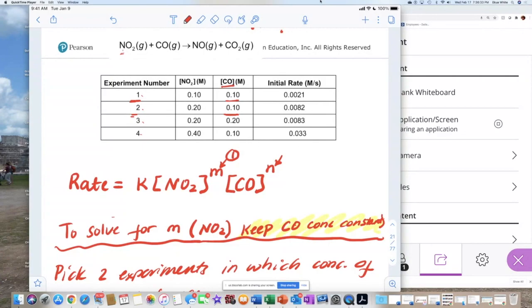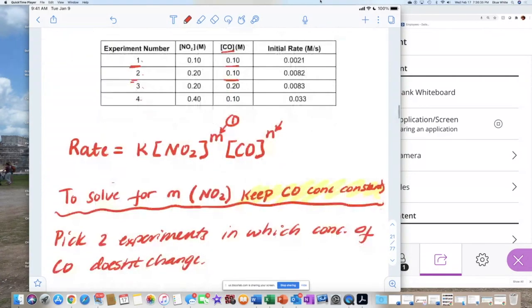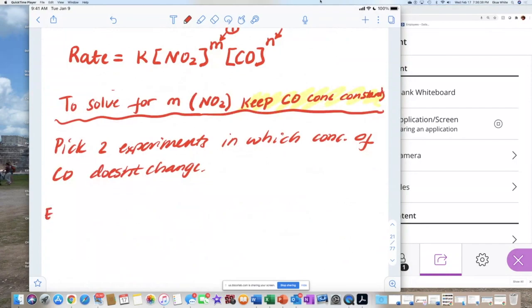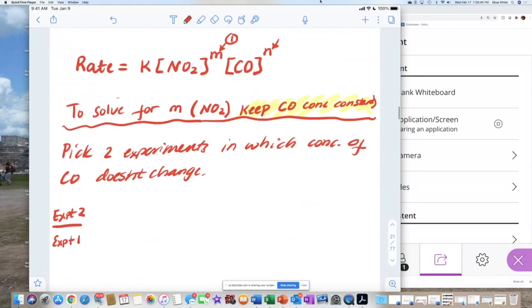For our purposes, I'm going to give a shortcut. I like the big numbers on top, so I'm going to say experiment 2 divided by experiment 1. So write your rate law: rate 2 over rate 1 equals K, NO2 to the M. Actually, let me work this out and plug in the numbers so it'll be a lot quicker, because I feel like I'm just going on and on.